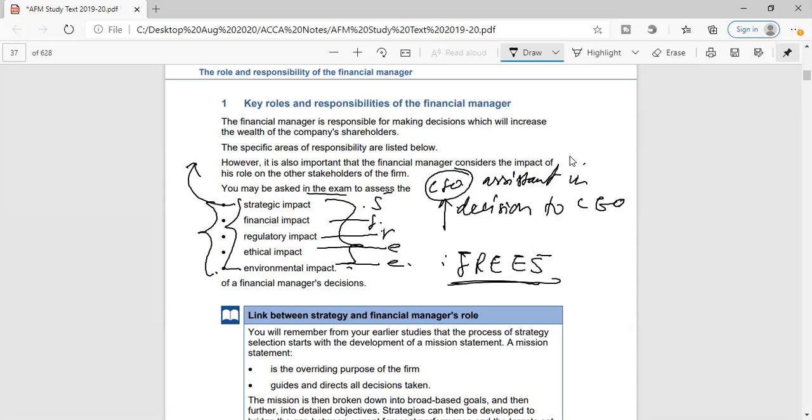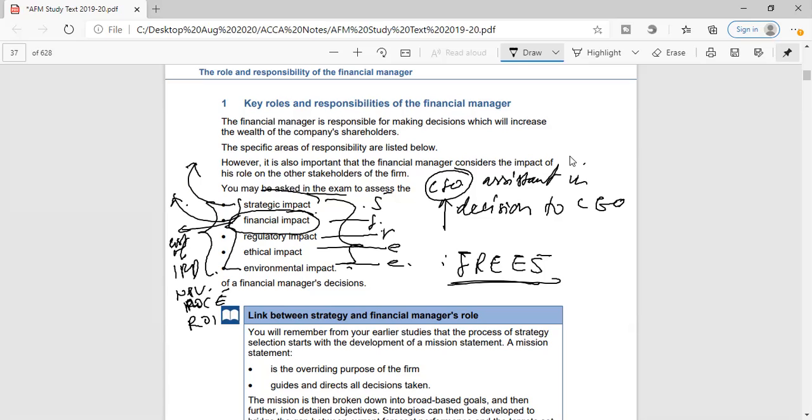Strategic impact, financial impact, no need to talk about, the financial impact that the finance manager can make by providing the key cost data about cost of capital, IRR, NPV, etc., or ROCE or ROI, right? The financial manager is going to provide the data or maybe the ratios.